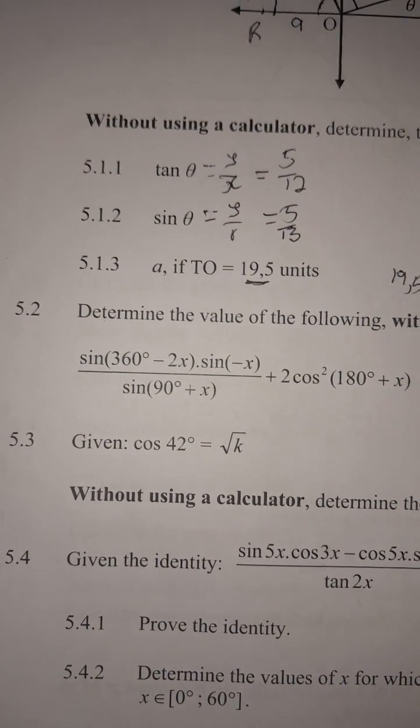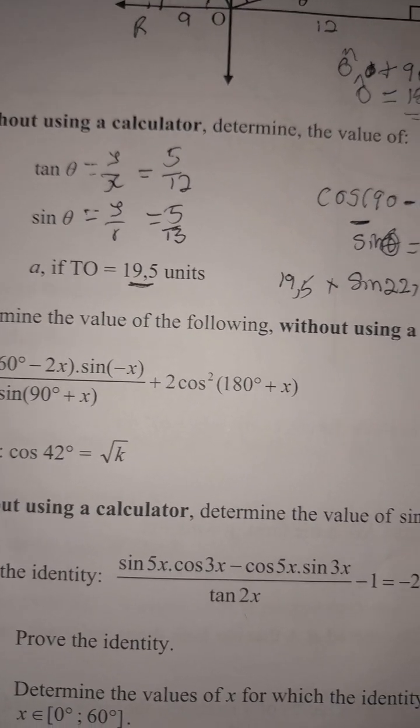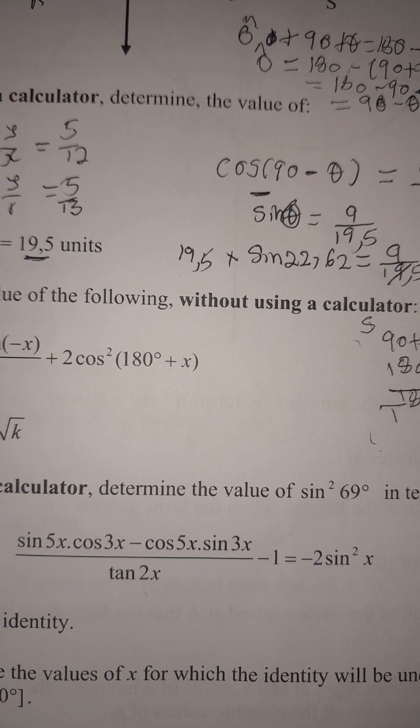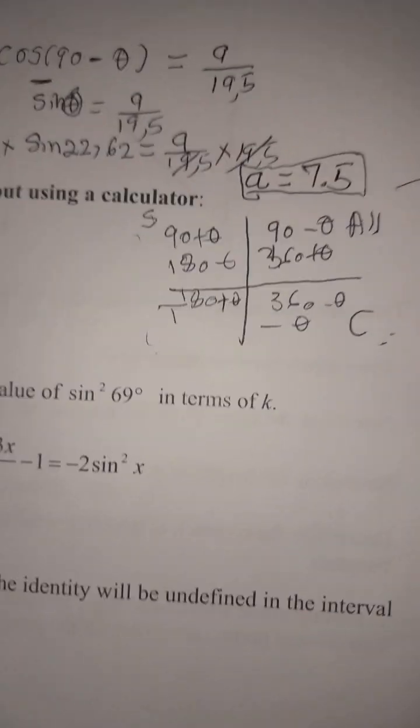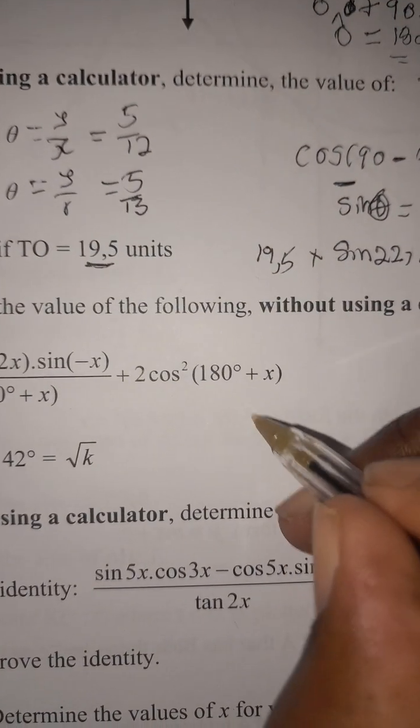5.3. Given that cos 42 degrees is equal to root k, let's first draw our Pythagoras diagram.